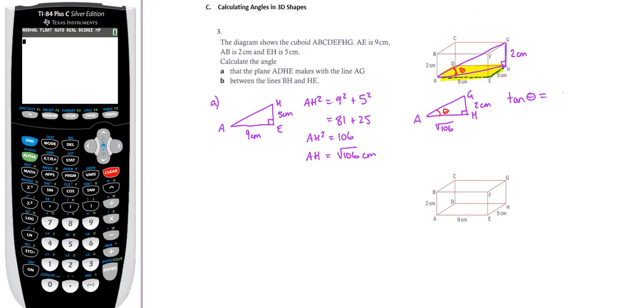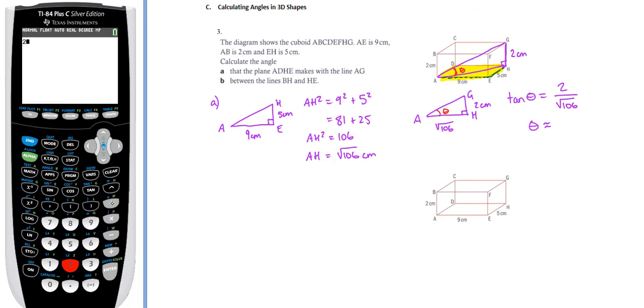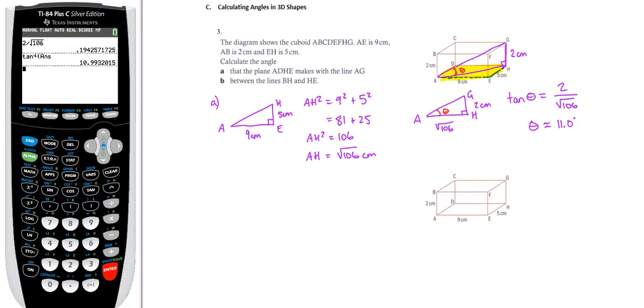So tan theta is opposite over adjacent, which is 2 over root 106, which means that theta is equal to the tan inverse of 2 divided by the square root of 106. And that's going to give me, to 3 significant figures, approximately an angle of 11 degrees.